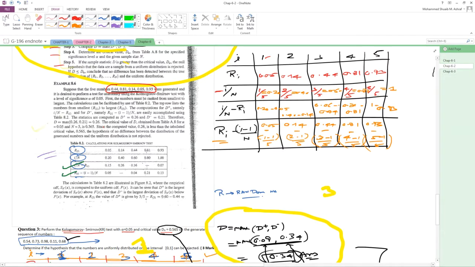Then you will calculate the maximum value from here. Then calculate the maximum again. Now compare this maximum with the value given in the question. Where in the question? The critical value.